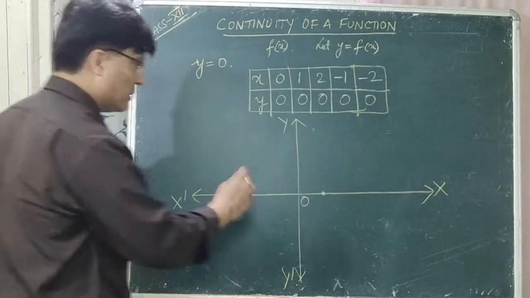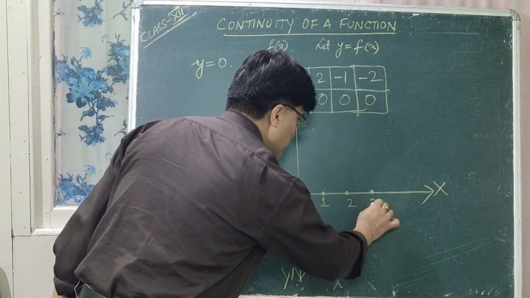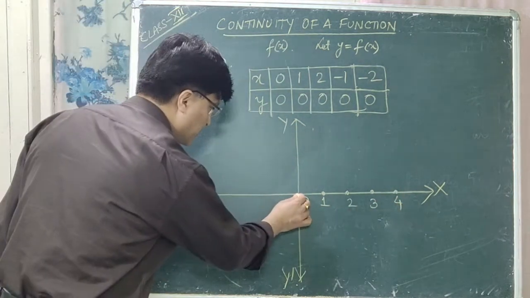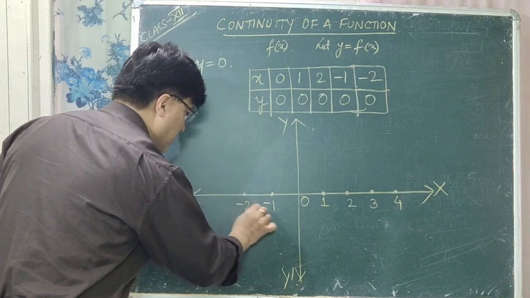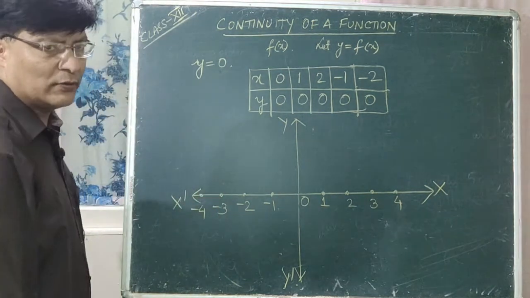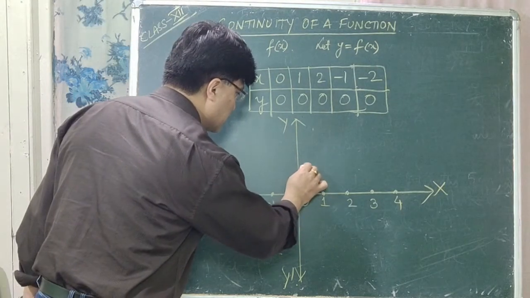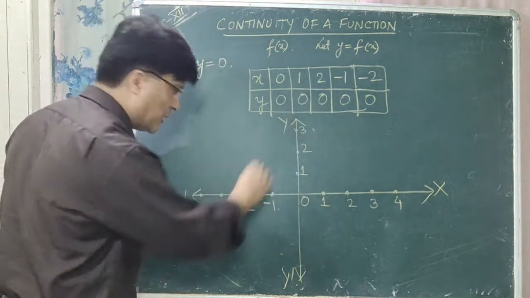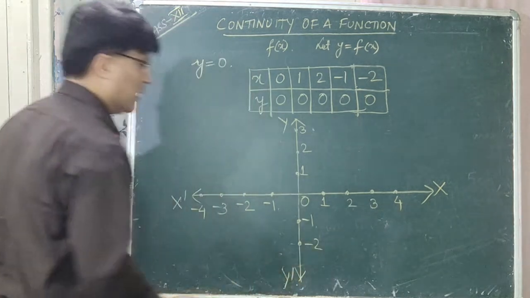Suppose this is +1, +2, +3, +4, and on the left, the values of x are -1, -2, -3, -4. Above the x-axis on the y-axis it is +1, +2, +3, and below it will be -1, -2.